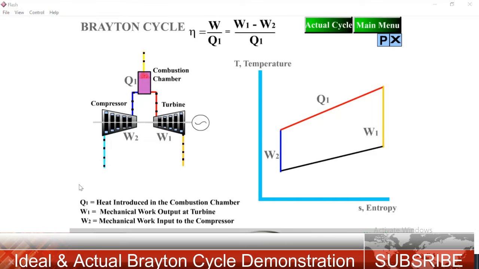In the ideal air standard Brayton cycle, there is no frictional pressure drop, and the air flows at constant pressure through the heat exchangers. The processes through the turbine and compressor are assumed to be isentropic.